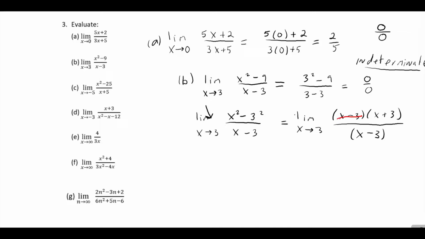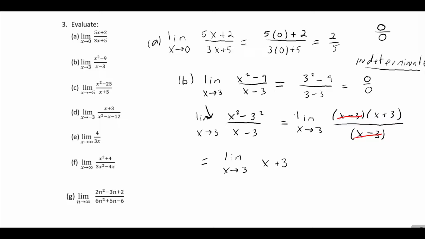So all you do is you just cross that out, and we're going to be left with the limit of x tends towards 3 of x plus 3. Now in this case, you can just sub 3 straight into that.